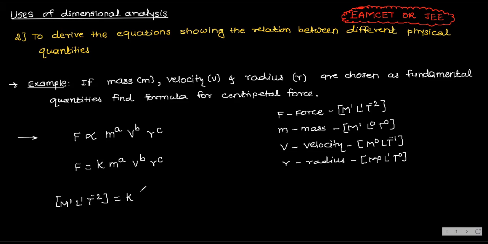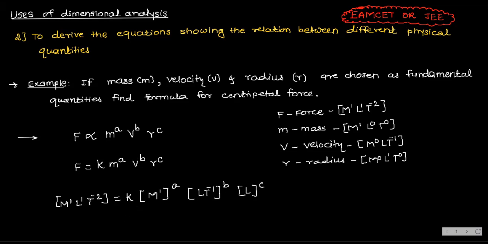Next, these are the m dimensions, M power 1, and whole power a. Keep it in mind. Next, the v dimensions are L T power minus 1, whole power b. And next, L whole power c. Check it.